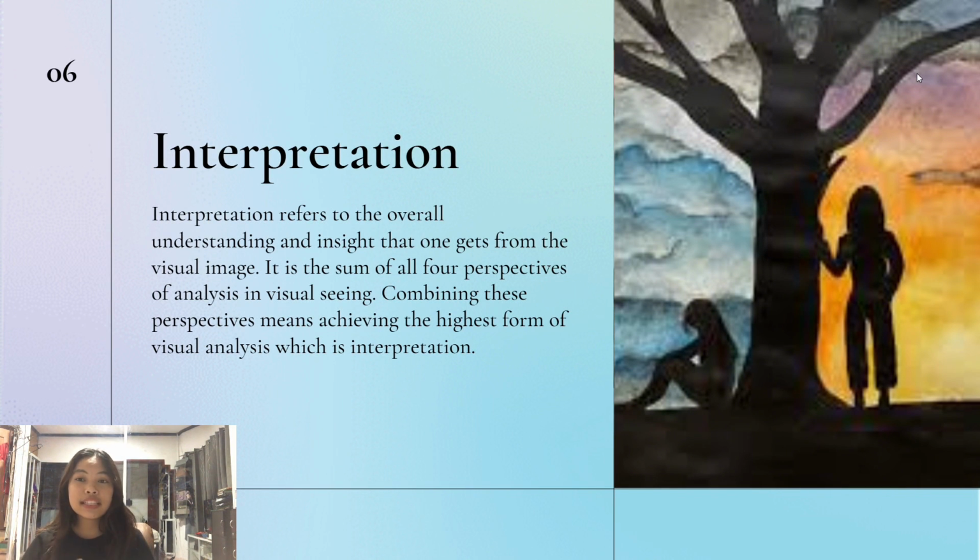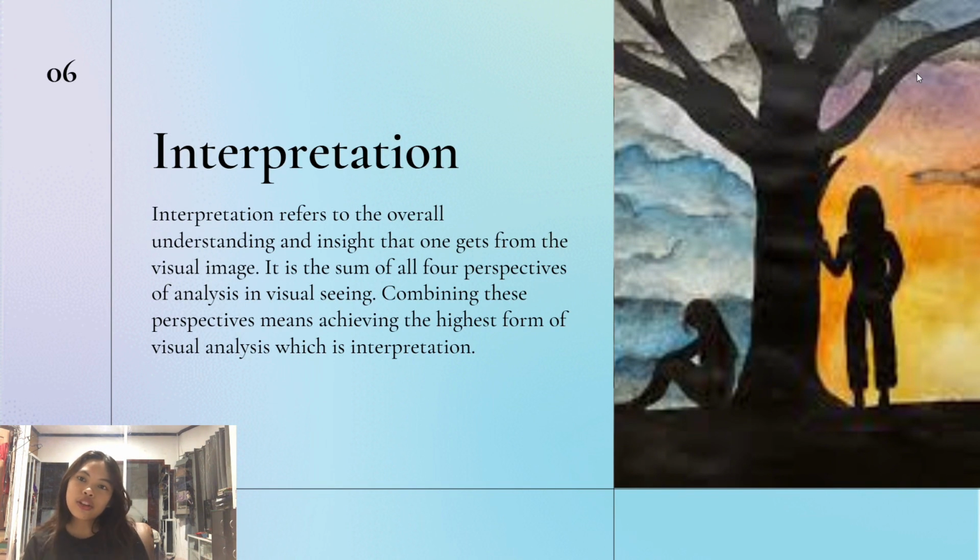Here you ask yourself, what is the overall message of the picture? What does it make you think or feel? What does it tell you about the world? Interpretation involves considering all four perspectives of analysis, like what I said earlier, and drawing conclusions based on what you described and analyzed before you interpret it.